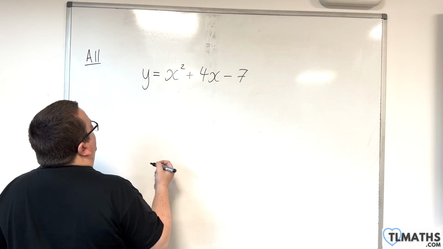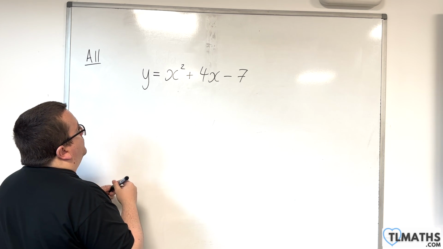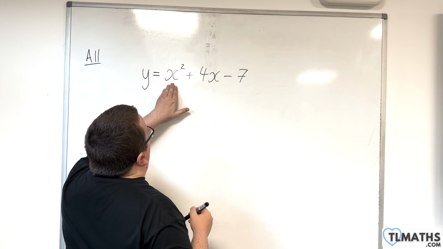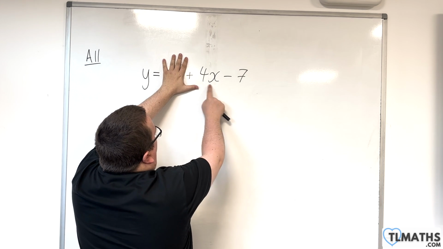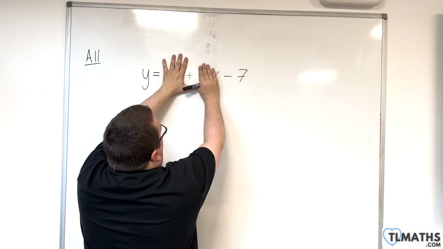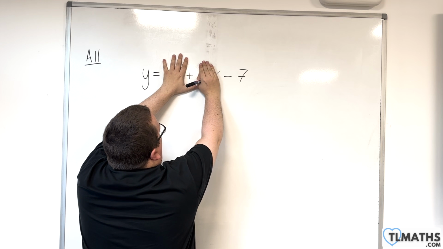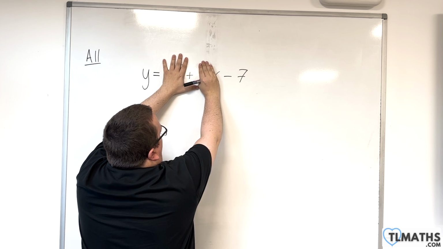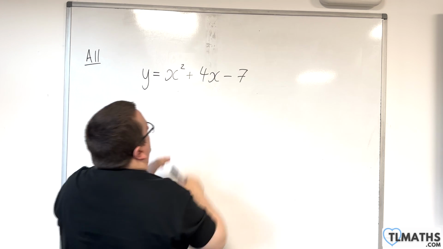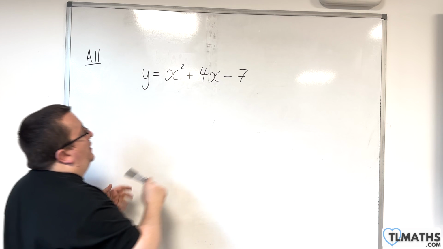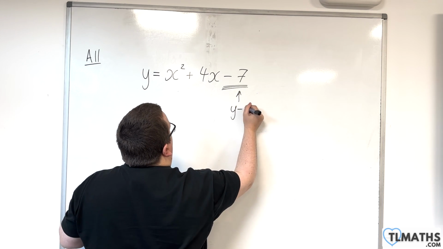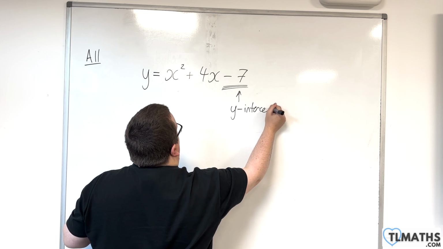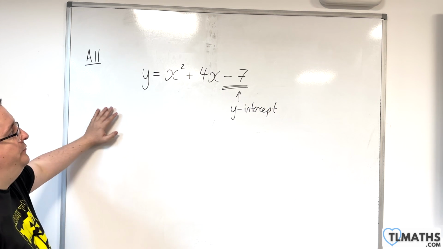So what's going to happen when x is 0? Well, you can have 0 squared, which is 0, 4 times 0, which is 0, and so y must be equal to minus 7.